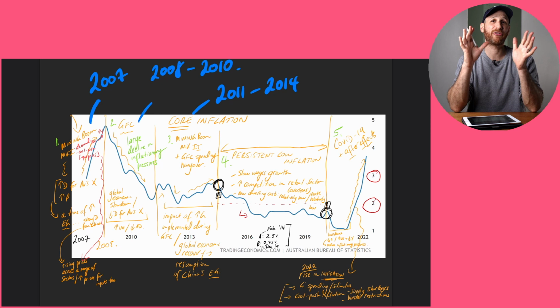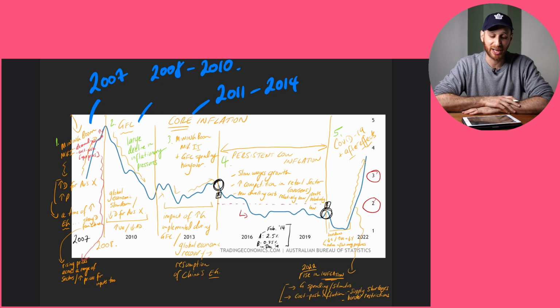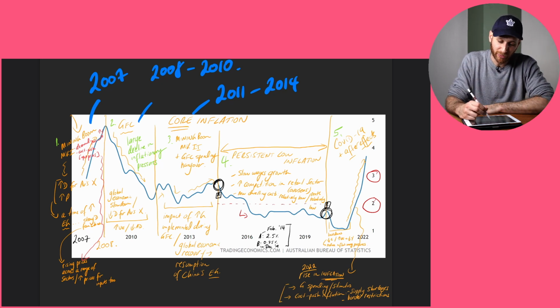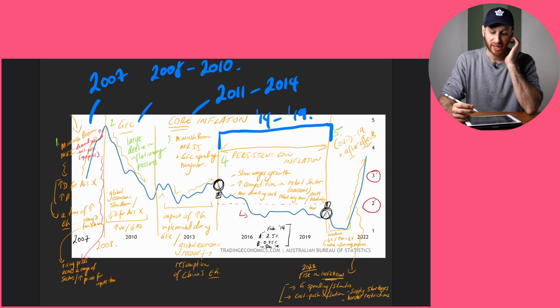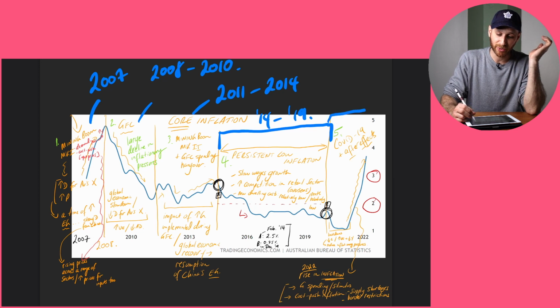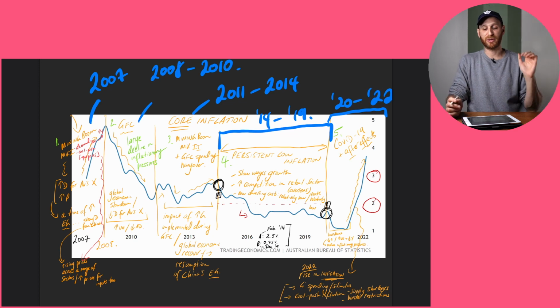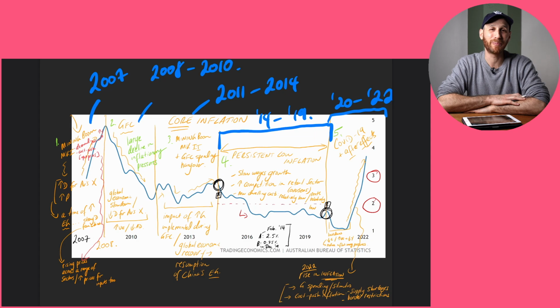These aren't going to be precise, but they just give us a way of dividing this up. Here, in this persistent low inflation block from 2014 to 2019, that's pre-COVID. And then COVID hits and we're looking at this rising inflation period, 2020 until 2022, our current time period.